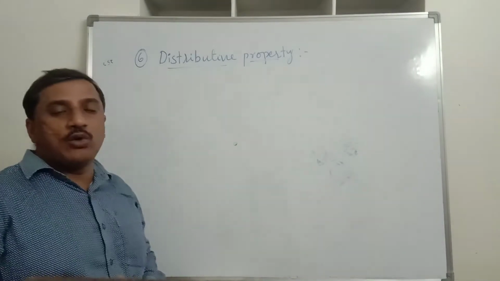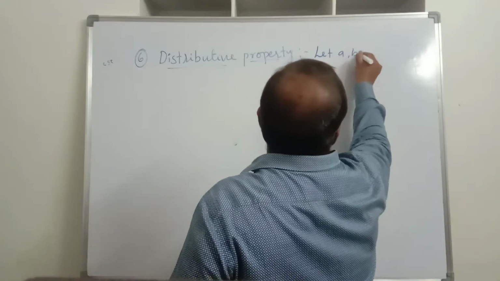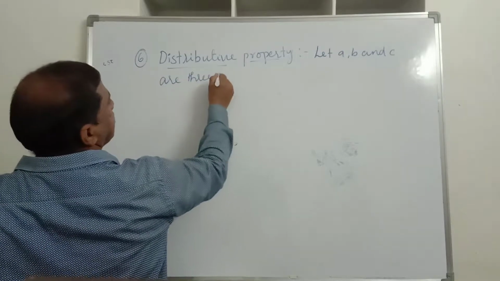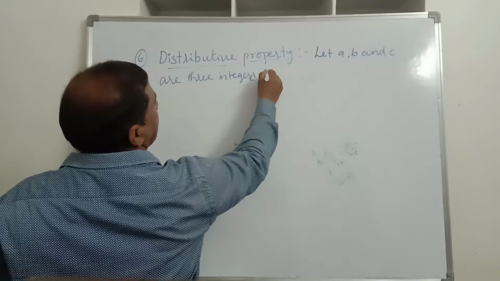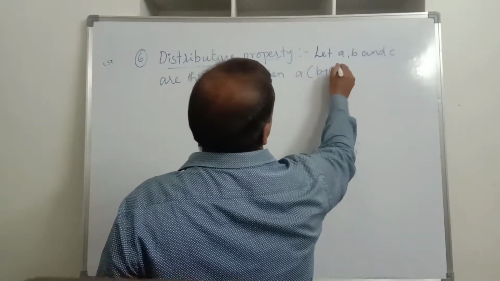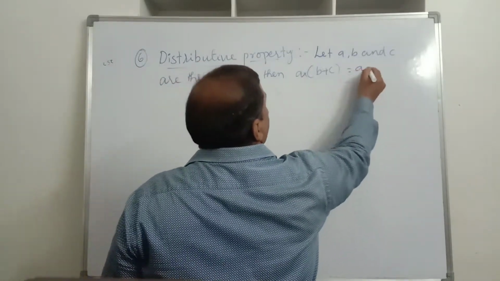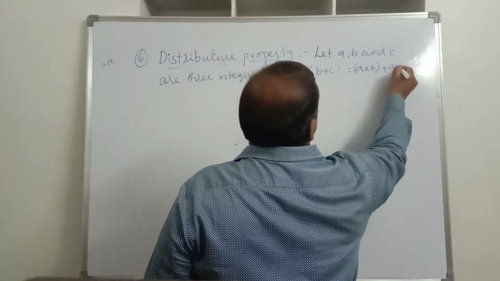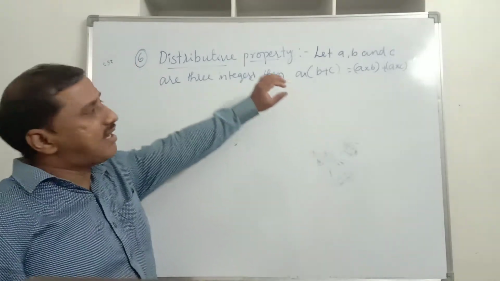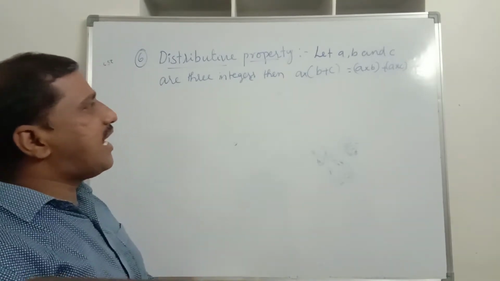Now we will discuss the distributive property of integers. It states that let a, b and c be three integers, then a into the whole of b plus c is equal to a into b plus a into c.